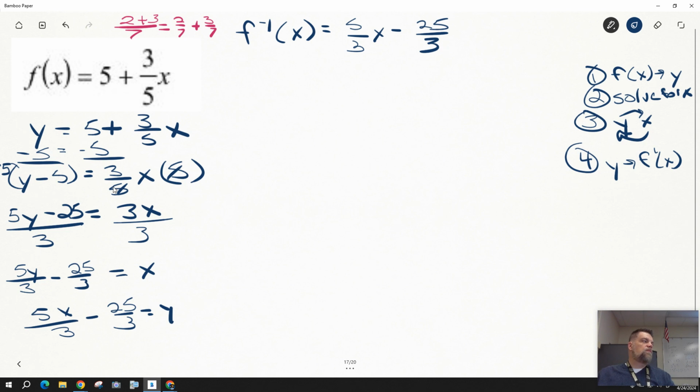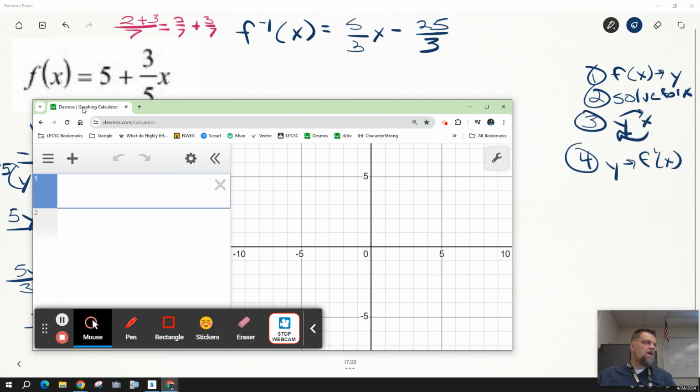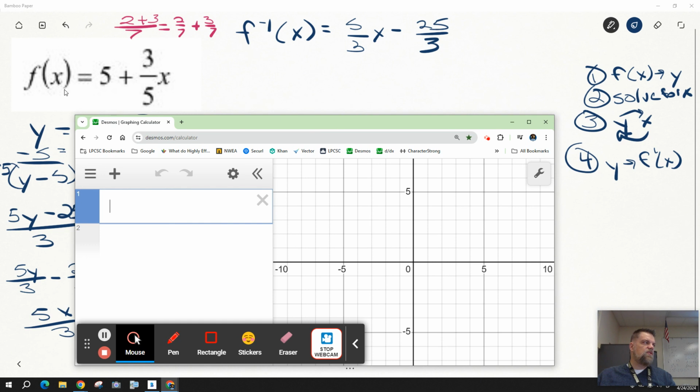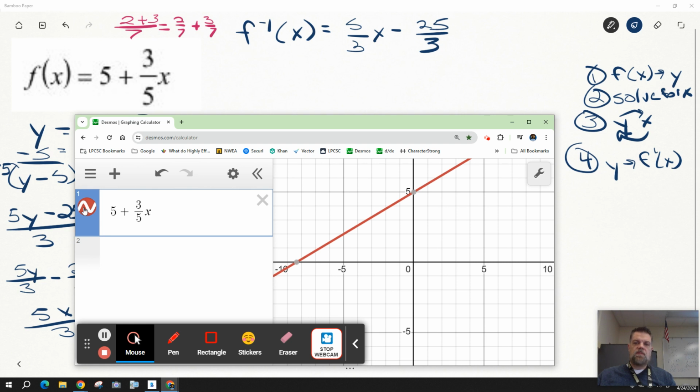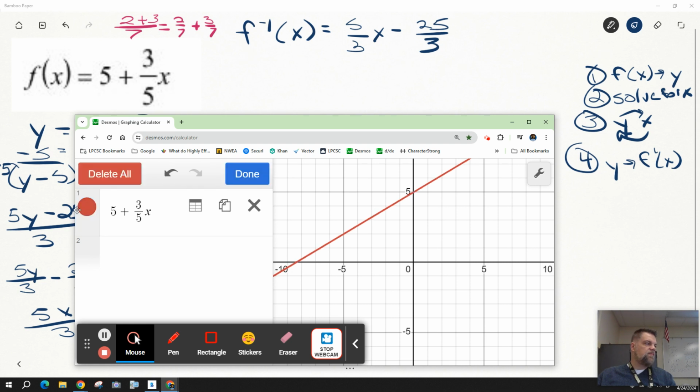And so I'm going to show you guys how to graph this in Desmos. So what we would do is we pull up Desmos, and remember to double check this, or to graph them, you just type in the function. So I'm going to say 5 plus 3 divided by 5 times x, boom. And then to make it match the functions, I think on your assignment the function is blue.